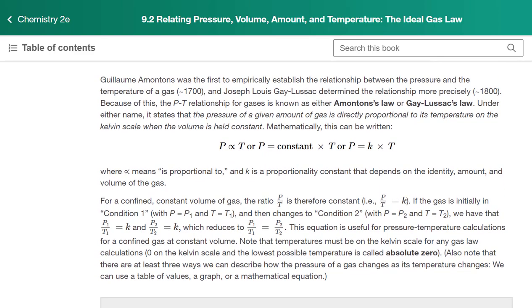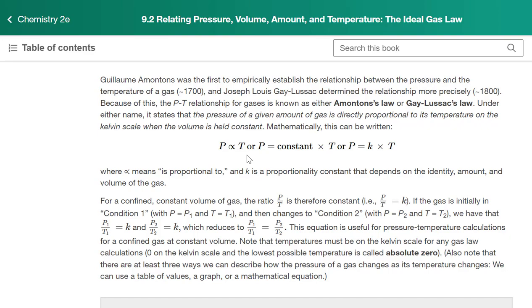So what we're showing here is this linear relationship. As one goes up, the other one goes up. And we can show that in a few ways. This first way is we're saying it's a direct proportion. So pressure, this symbol means directly proportional. Pressure is directly proportional to temperature. And so again, that means as one goes up, the other goes up.